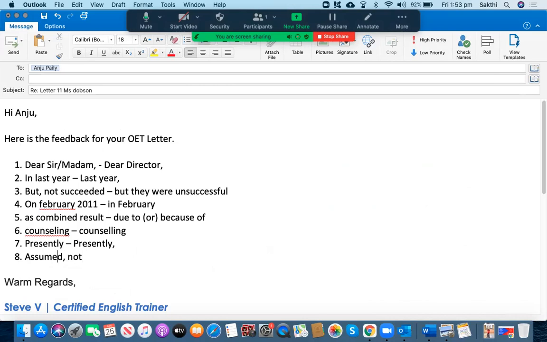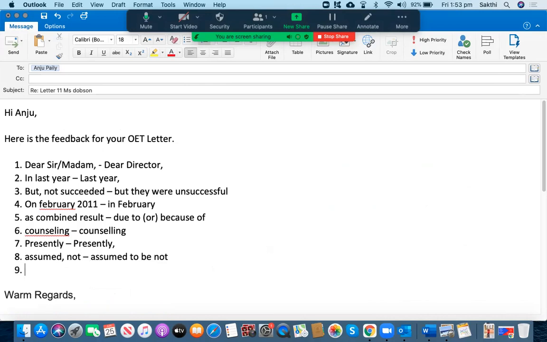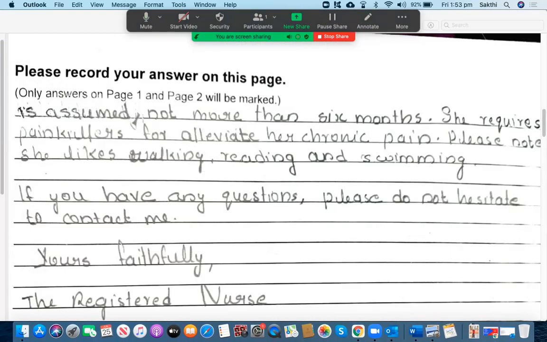So you should remove that: which is assumed to be not more than 6 months. Okay, so that's the perfect one. So you have to remove the comma first, and then the next one is which is assumed to be not more than 6 months.